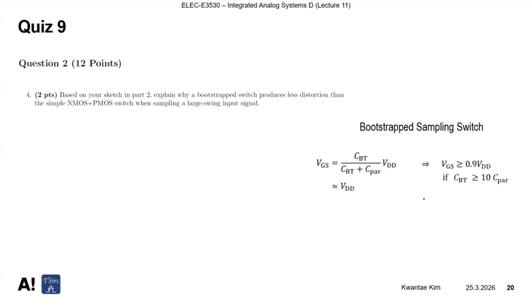And for the on resistance of the NMOS, we can make sure VGS is almost constant no matter how big our input voltage is, so R on doesn't change over input voltage changes.